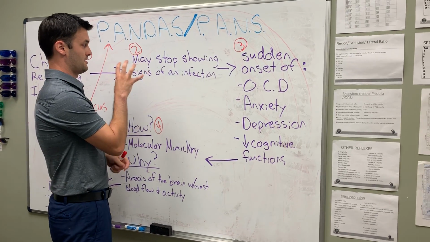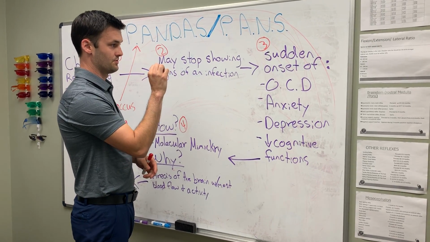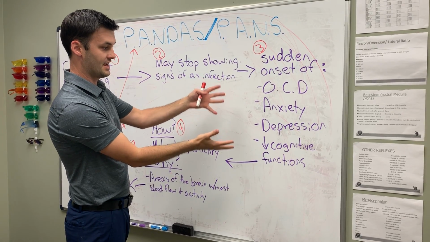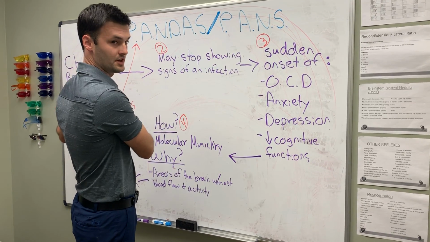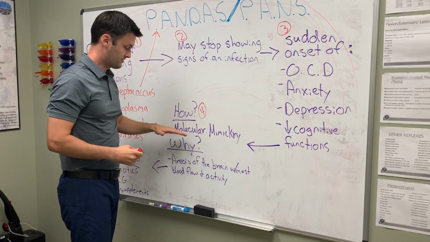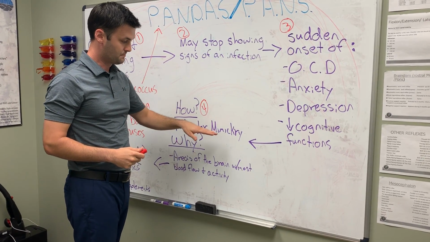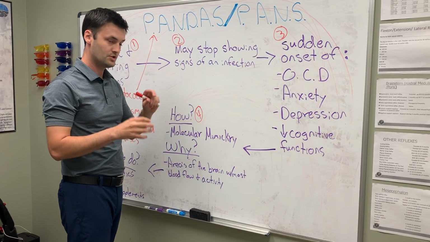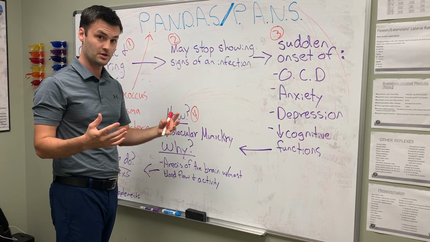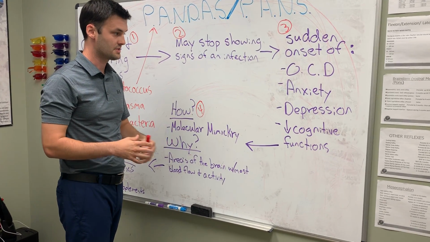So how does it go from fighting these chronic infections to all of a sudden having psychiatric issues? That comes from a concept called molecular mimicry, down to the protein structure of our DNA, our cells.